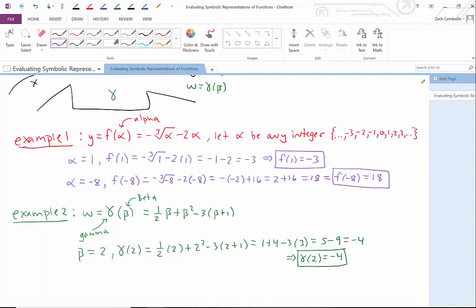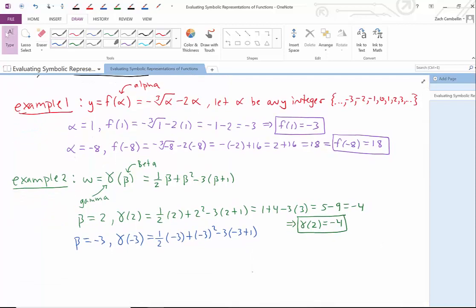One last one. How about beta is negative 3? Then gamma of negative 3 is 1/2 times negative 3 plus a negative 3 quantity squared minus 3 times the quantity negative 3 plus 1. Replacing every beta I see with the value of negative 3.